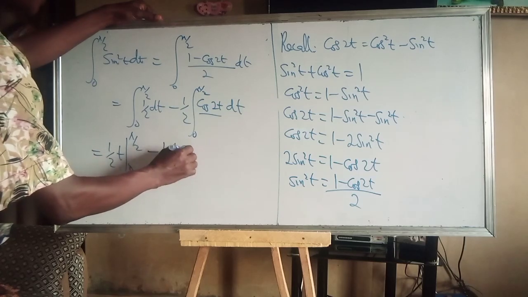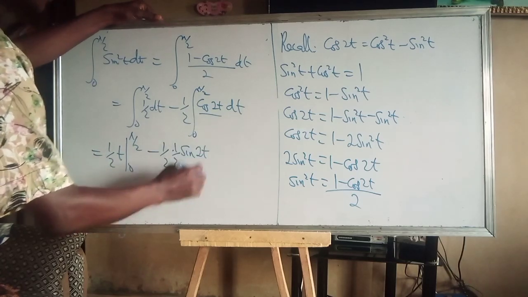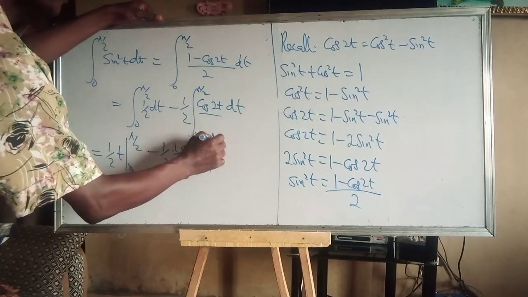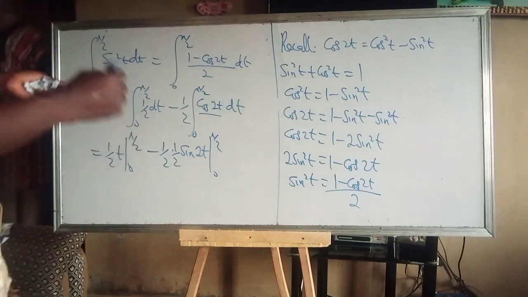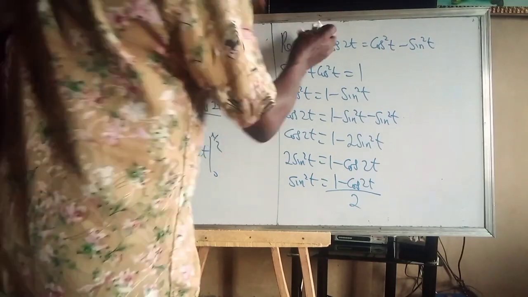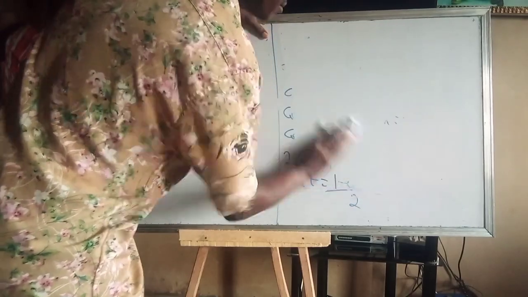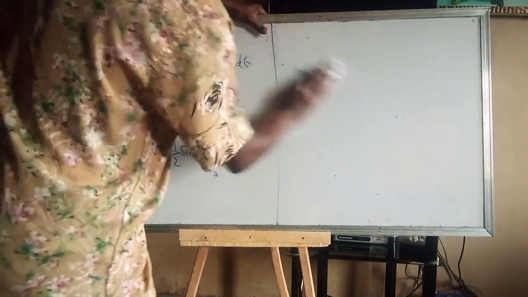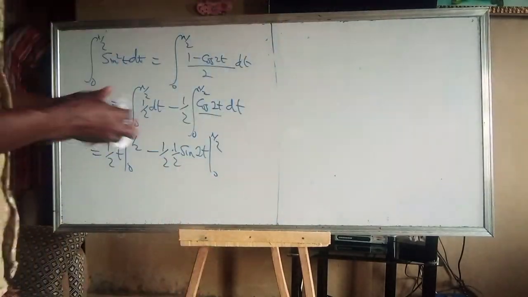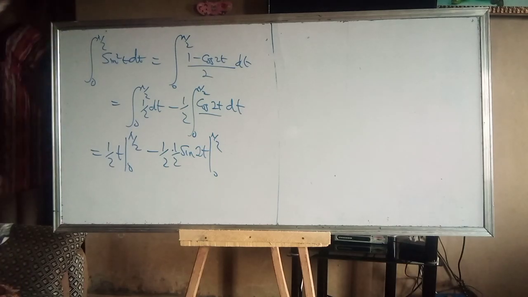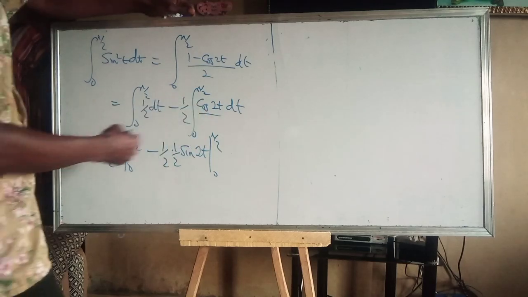Then sine 2t, from 0 to pi over 2. I hope you are following. I hope there's no mix up here. Okay, beautiful. So now putting it there, you have what?